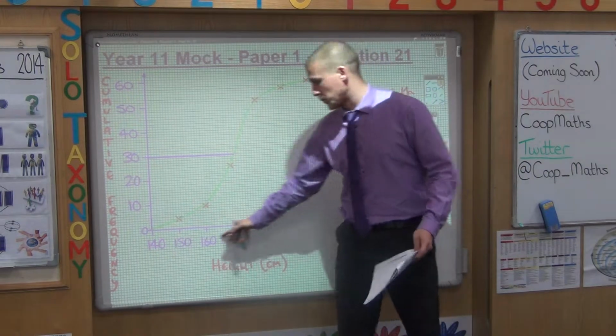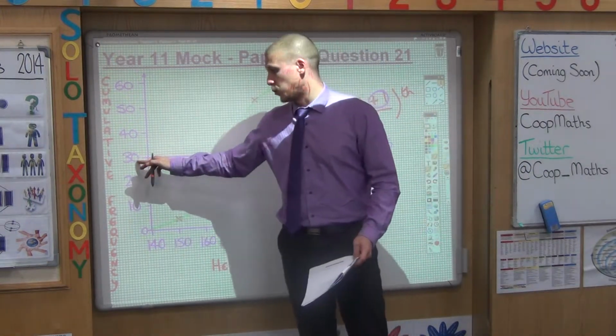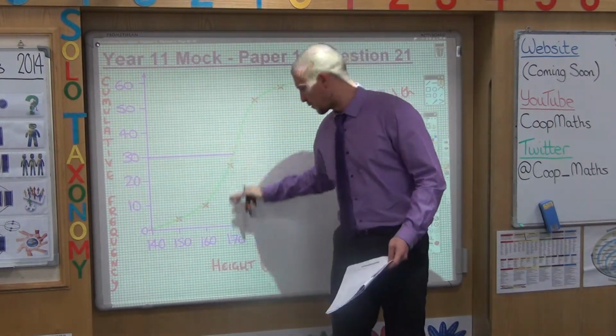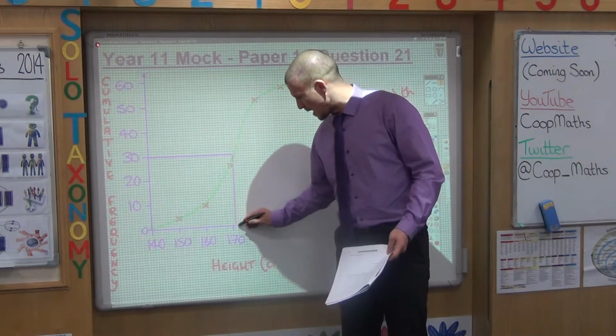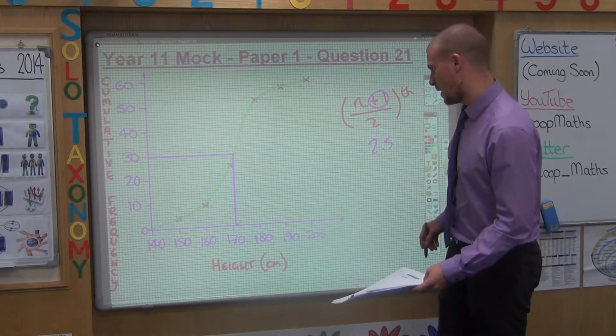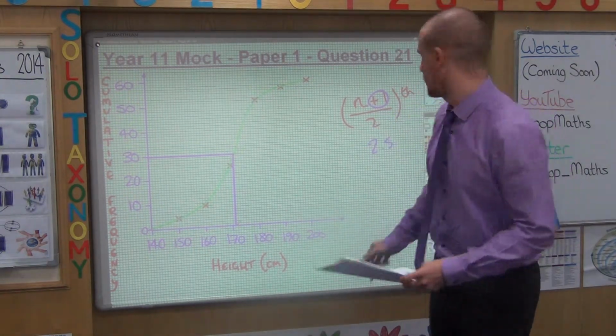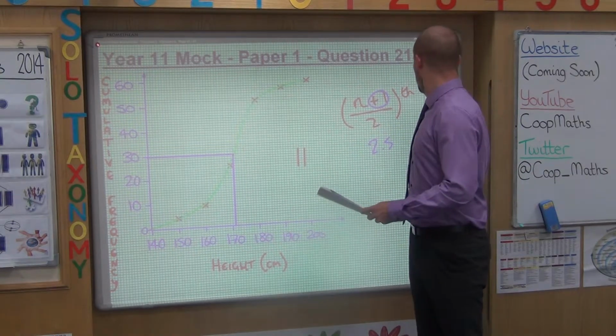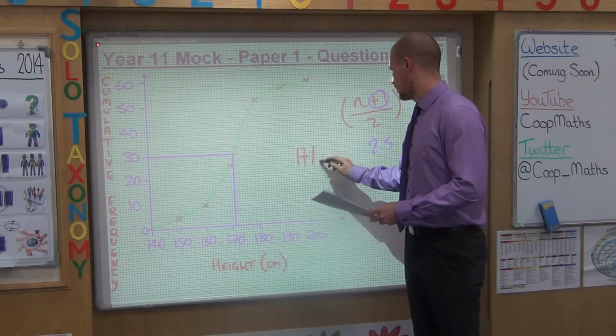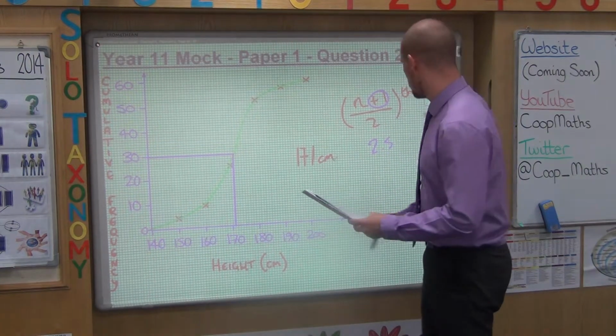The median will be one of these values, so reading off the graph and going down will give you the value. Based on what I have there, I have 171 as the median. So 171 centimeters for the median.